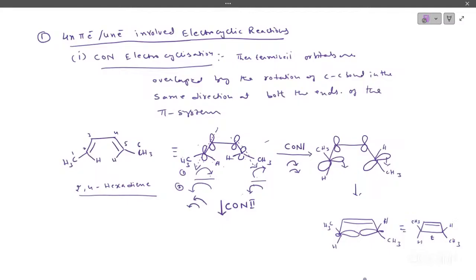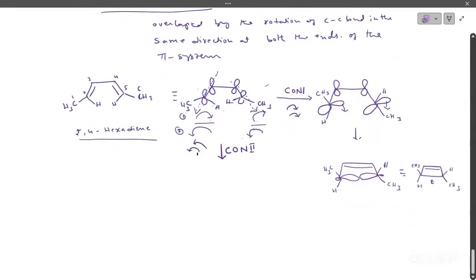What's happening? You can check it. After partial rotation, you can observe it. At the partial rotation, the orientation of the partially rotated pi bonds, you can observe like this, right?